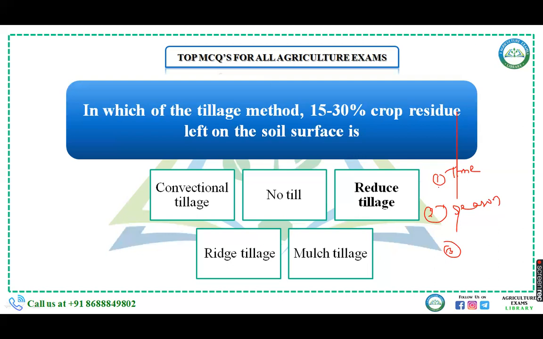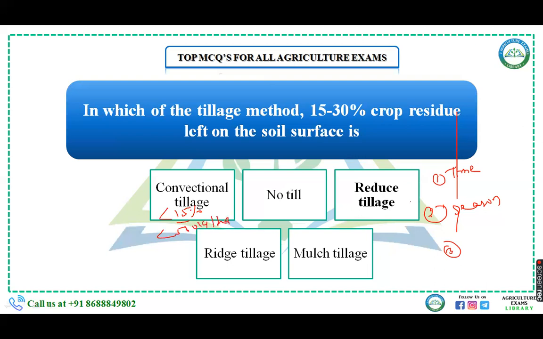But here the question is, in which type of tillage is 15 to 30% of crop residue left on the soil? When you talk about conventional tillage, how much percent crop residue is left? There is no till, reduced till, and also conservation tillage. In conventional tillage, less than 15% of the crop residue is left, or less than 560 kg per hectare.